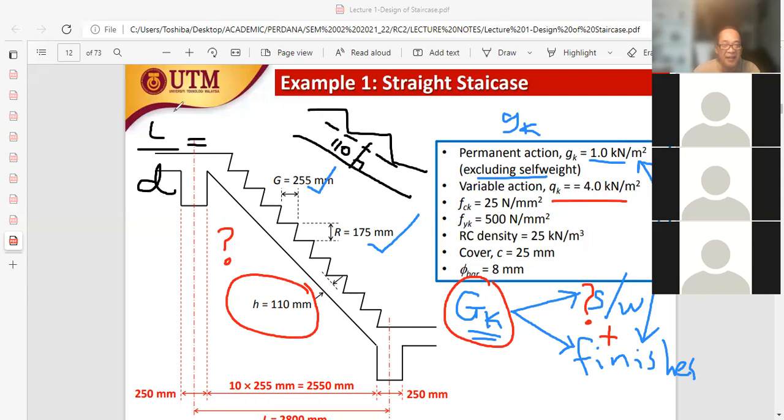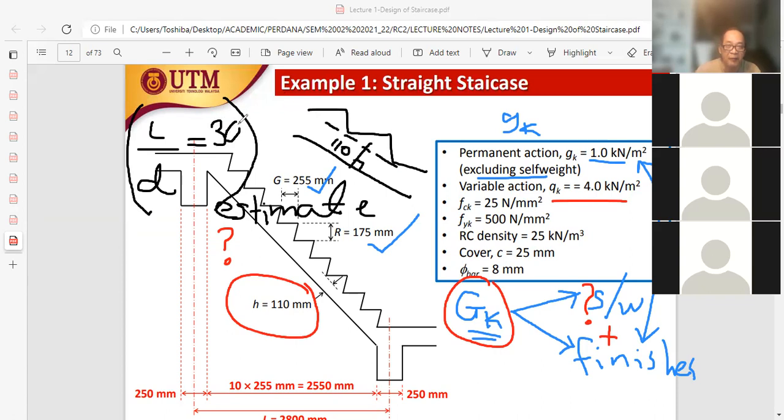Macam mana kita nak buat ialah for estimation purposes sahaja, okay? To estimate, we are not evaluating the actual L over D, tapi for estimating, E-S-T-I-M-A-T-E, for estimate of suitable thickness, maka kita gunakan L over D 30.